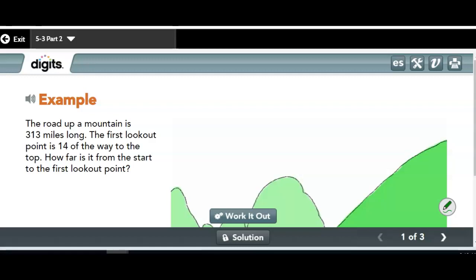What operation is that? The word "of" is what, Jay? Division? Not division. It is multiplication. Of means to multiply. So, go ahead and solve that problem, part 2 in 5-3.